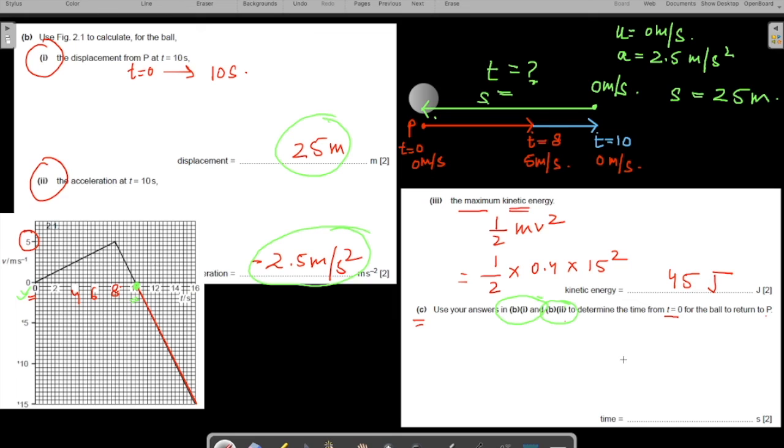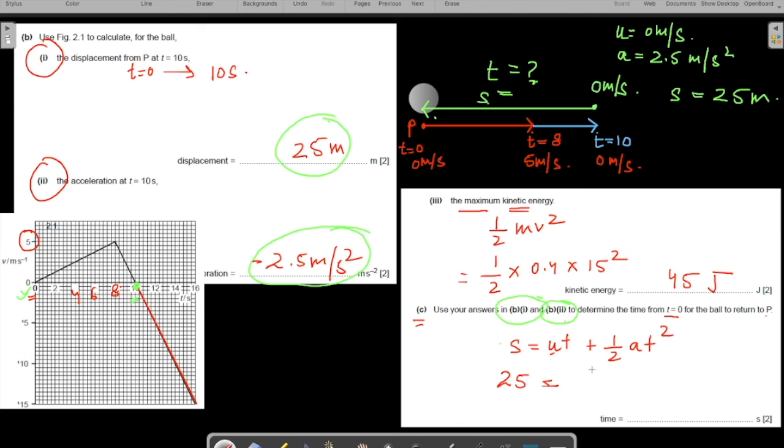So how do you find the value of t? Which formula makes sense? You know the displacement, S is equal to ut plus half at square. You know u as well, you do not know t. Displacement is 25. U is 0.